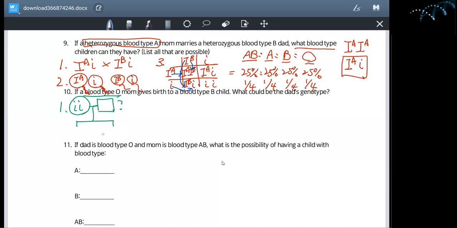That is a child. We don't know the sex, but she or he is a blood type B. Okay, so what can blood type B be? We say it can be big IB, little i, or big IB, big IB, correct? Now, because mom is little i, she can only give little i, which means can this individual be IBIB?